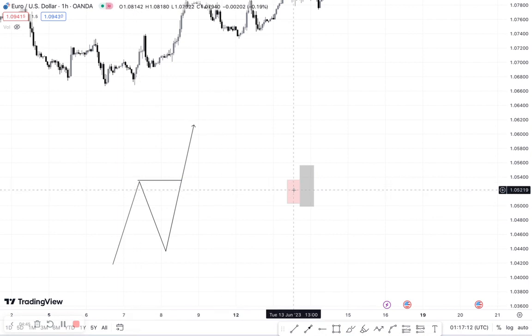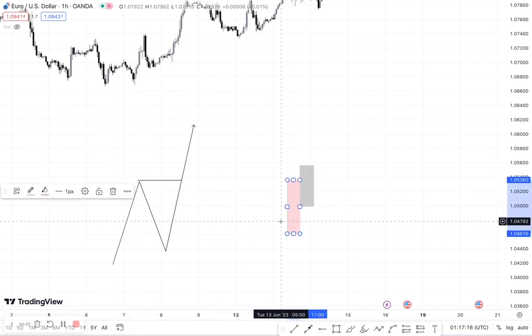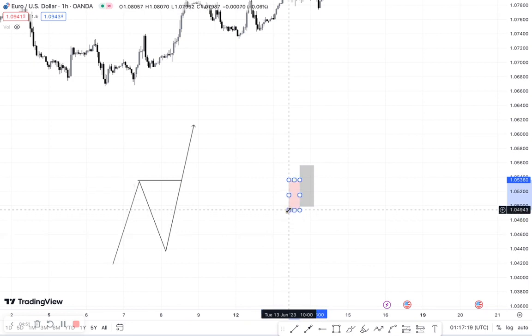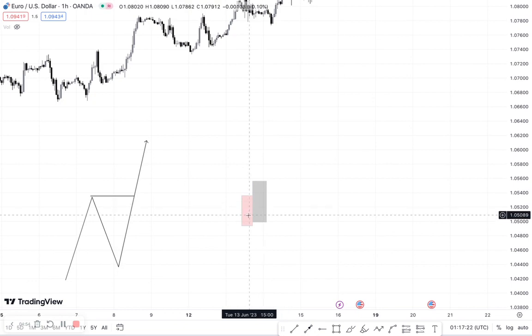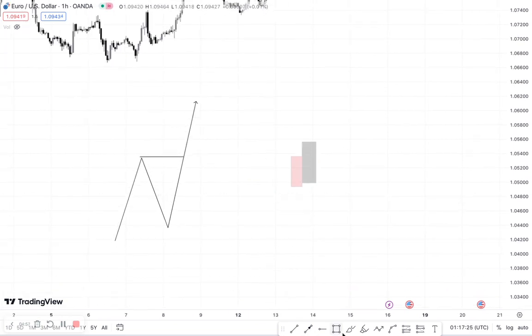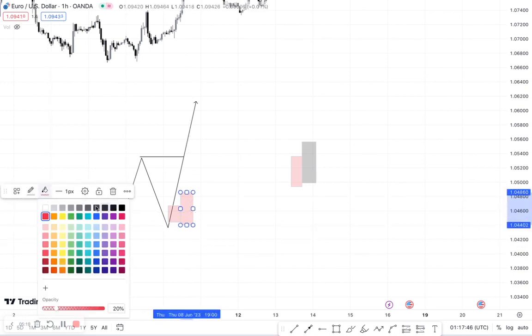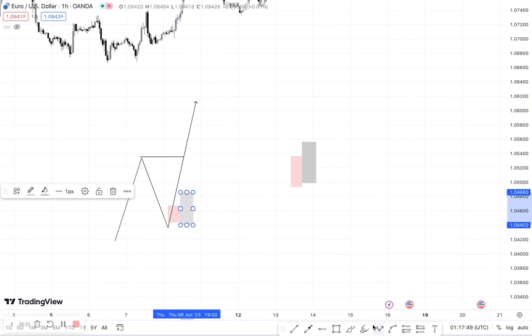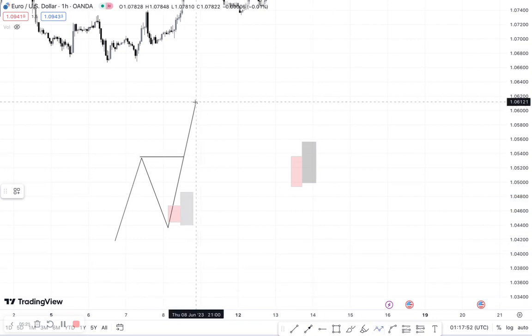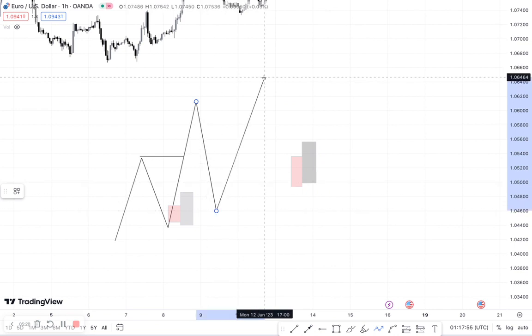If you see something like this somewhere here, we see something like this, and then price moving down, tapping, and then pushing up.